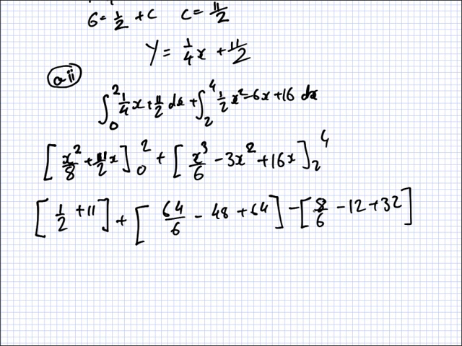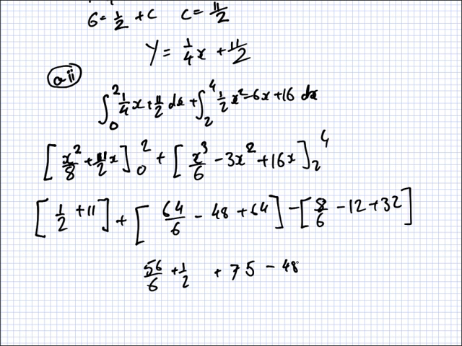64 over 6 minus 8 over 6, 56 over 6, is it? Does 56 over 6 divide? No. Okay, so it's 56 over 6. A half. No other fractions. Okay, plus a half, 11 and 64, 75.